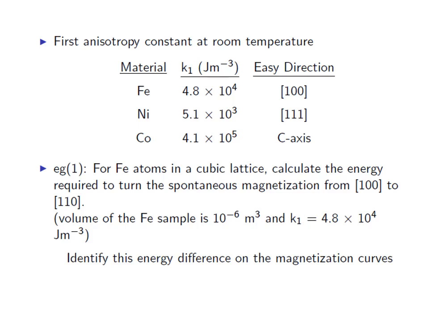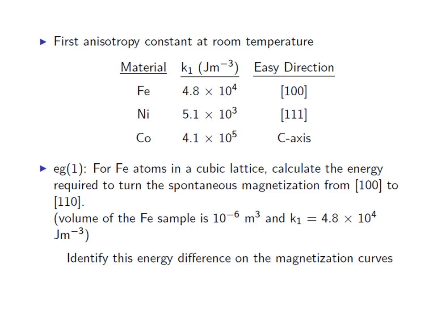So if you substitute alpha 1 equals 1, alpha 2 equals 0 and alpha 3 equals 0 in the equation of energy given in slide number 11, you can calculate the energy along 100 direction.